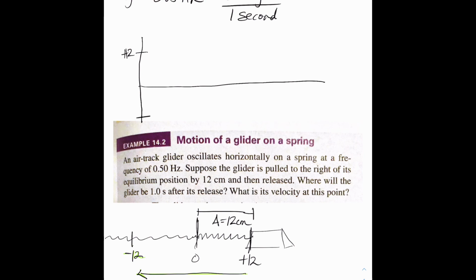If we want to put that in meters, we can. Do we have to? It wouldn't hurt. So maybe I'll say positive 0.12, and this is its position, X in meters. So positive 0.12, negative 0.12.